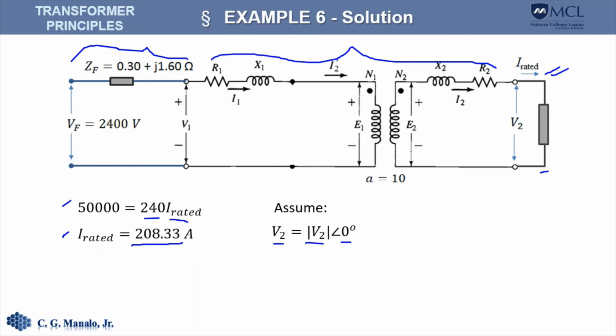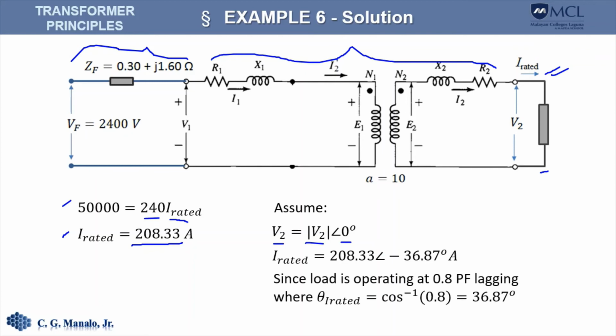Since the load is 0.8 power factor lagging, that would make the phasor of the current to the load equal to this phasor. So the rated current has a phase angle of negative 36.87. This is taken from the given power factor of 0.8.